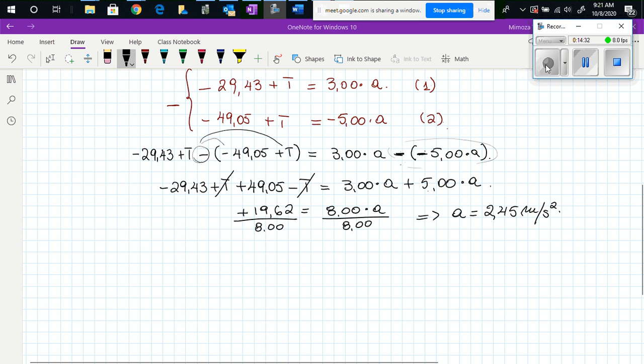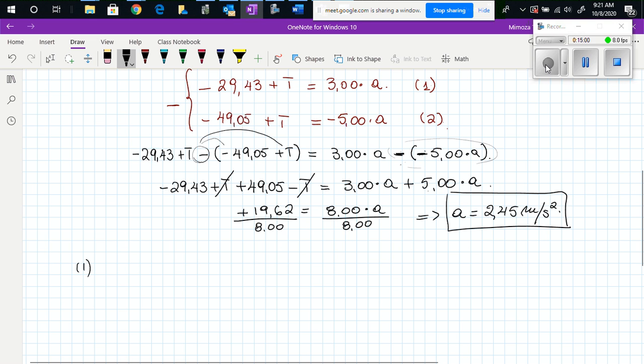Okay, so now after we find what the acceleration is, we can go to either equation 1 or equation 2 to figure out what the tension on the string is. So I will pick equation 1 just for simplicity, but you should get the same result picking equation 1 or equation 2. And this may be an opportunity for you to test if the question is right or not.